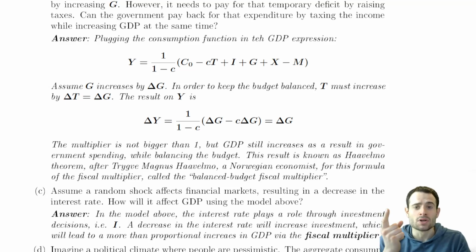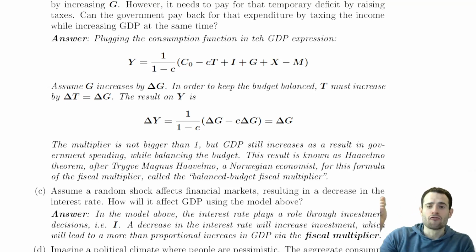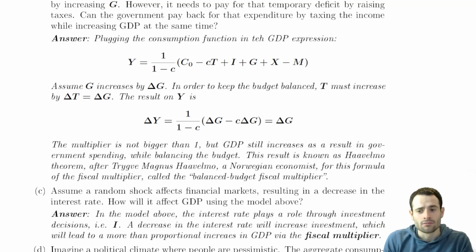On one hand, the budget is balanced because the government managed to spend money and get this money back. No problem.